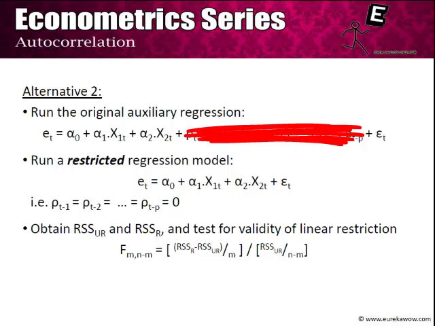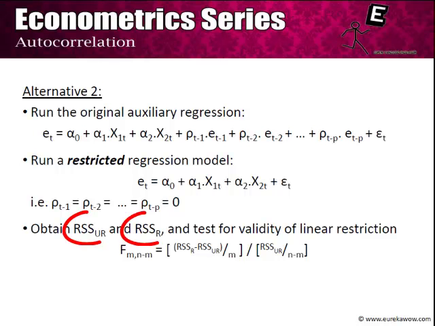Hence, after we have run this original auxiliary regression and the restricted regression model, we can obtain the residual sum of squares or RSS and then test for the validity of the linear restrictions as we have previously done in other modules. The test statistic is a rather familiar one, in which the numerator is the difference between the residual sum of squares in the restricted and the unrestricted model, divided by the number of linear restrictions m.